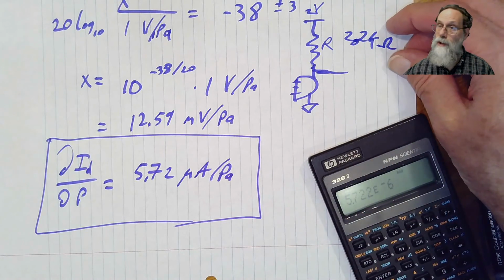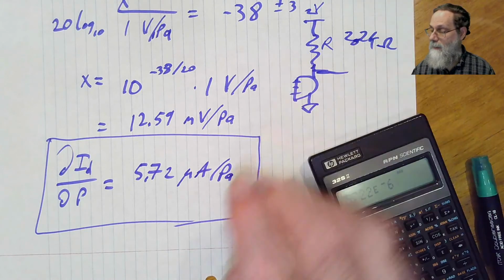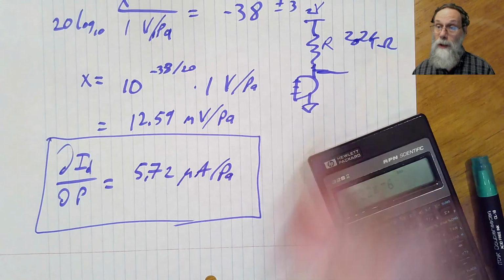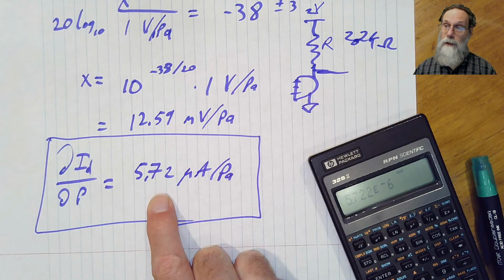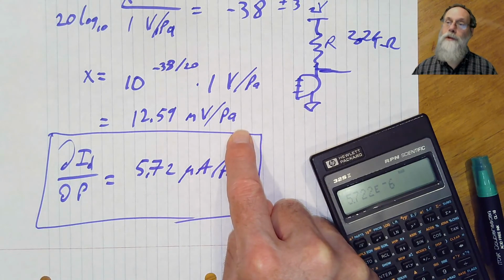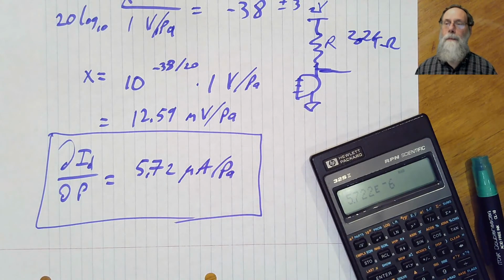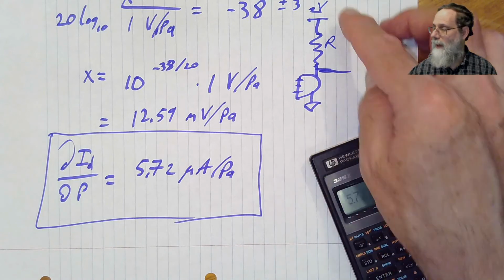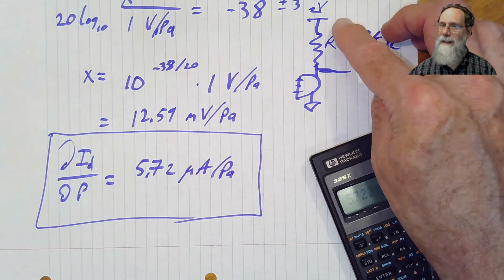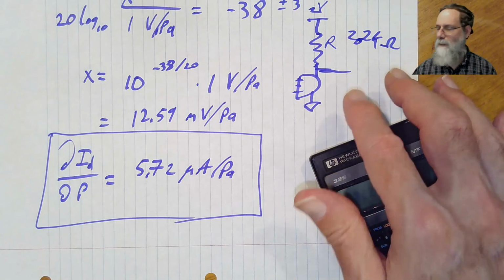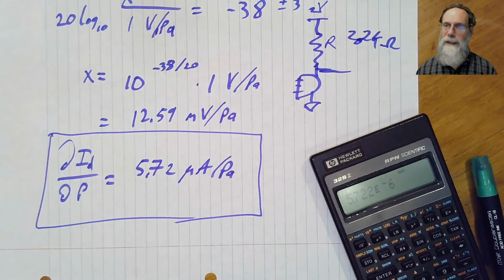I can change this resistor and just multiply whatever resistance I'm using by this sensitivity for the microphone to get the volts per Pascal sensitivity output for the bias circuit. If I switch to having only 1.5 volts at the input here, I know that I've got to redo the calculation with 3 dB less sensitivity, because it's beginning to drop out of the saturation region at that point.